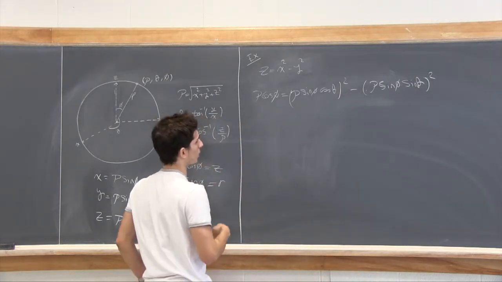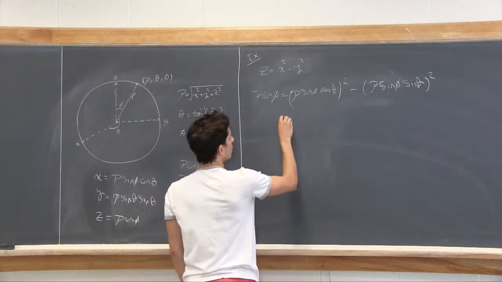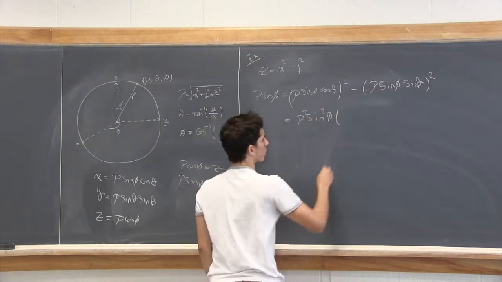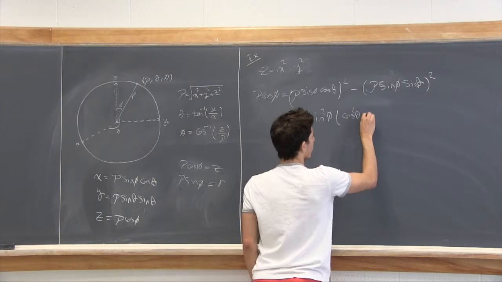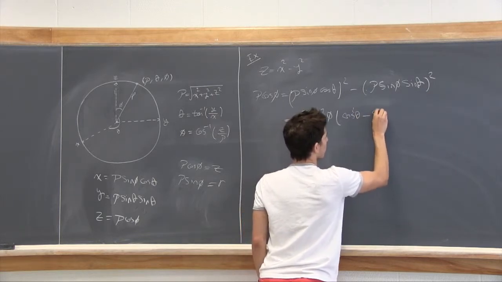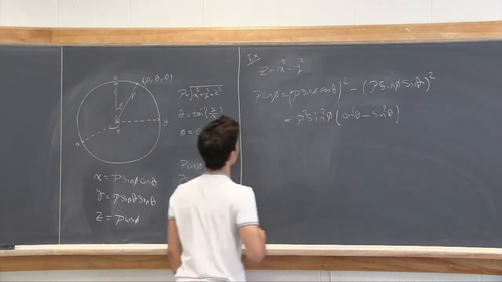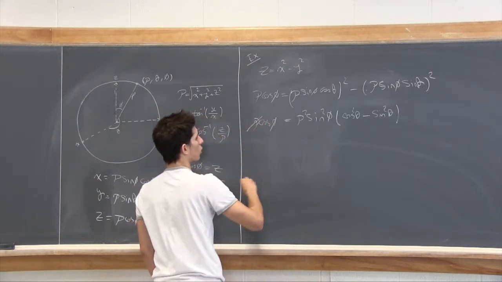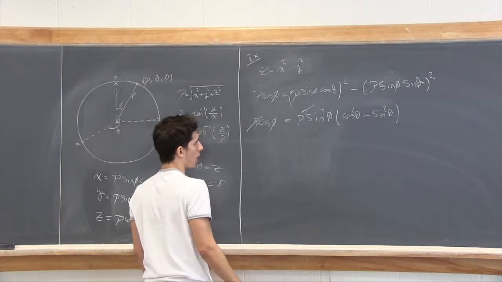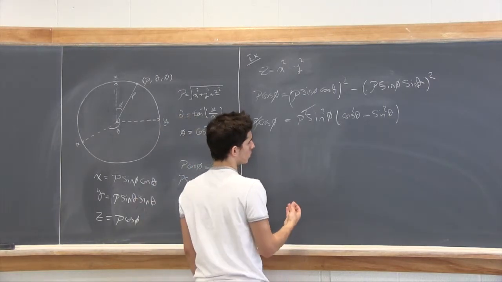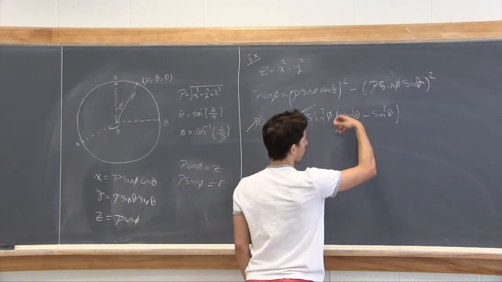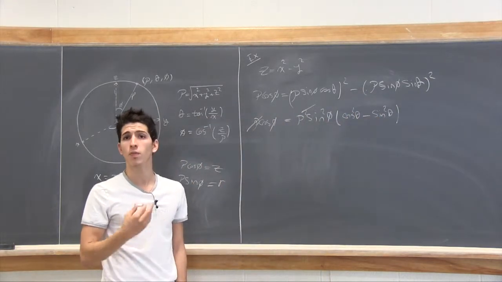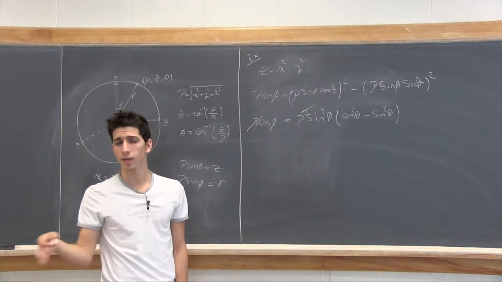So now I can factor out my rho squared sine squared phi, right? And I'm going to be left with cosine squared theta minus sine squared theta is equal to rho cosine phi. One rho goes with one rho. Now, what I can do is make this a little simpler by remembering that cosine of 2 theta is cosine squared theta minus sine squared theta.